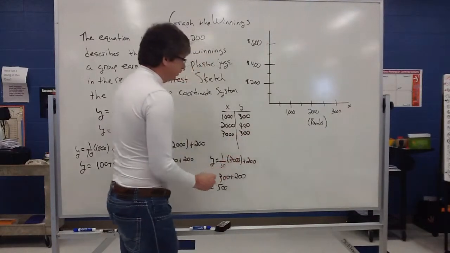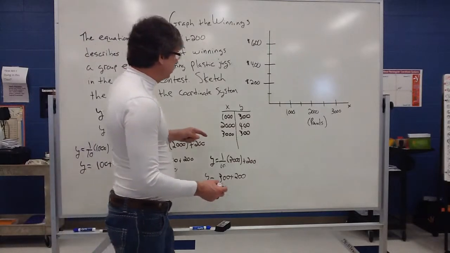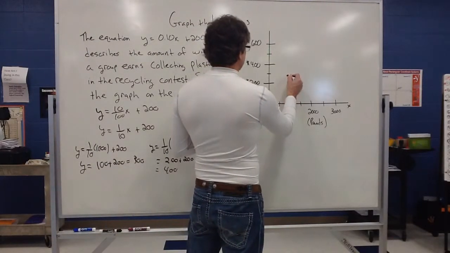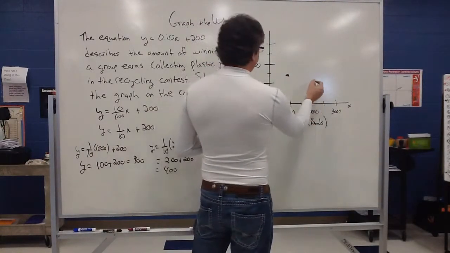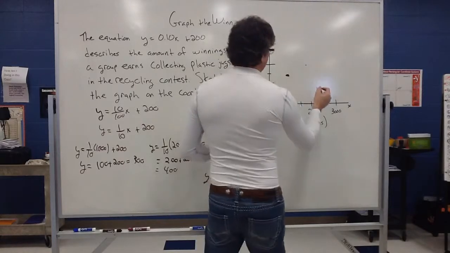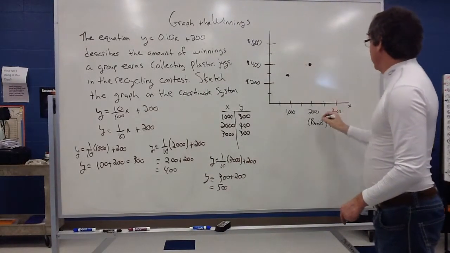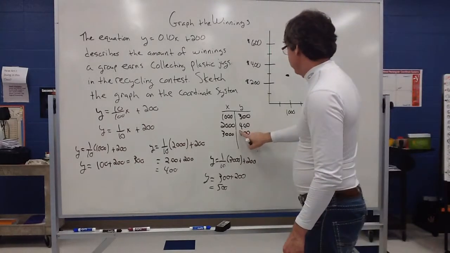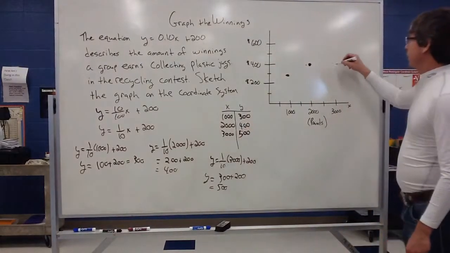So when I put 3,000 pounds in, I'm going to get $500 out. They asked me to just graph this. So 1,000 gave me $300. 2,000 gave me $400. And then 3,000 gave me 500.